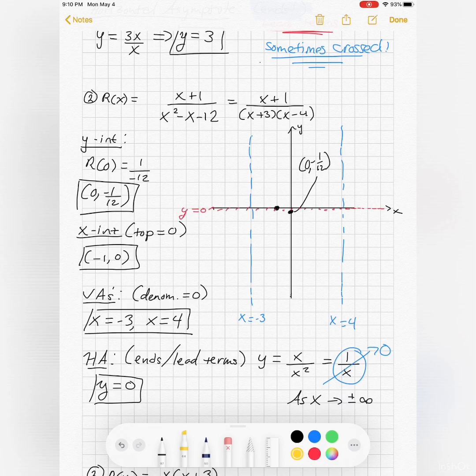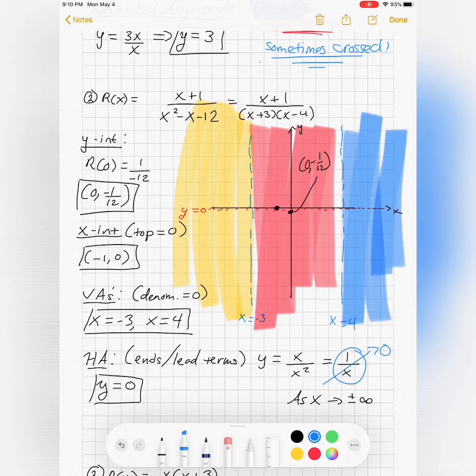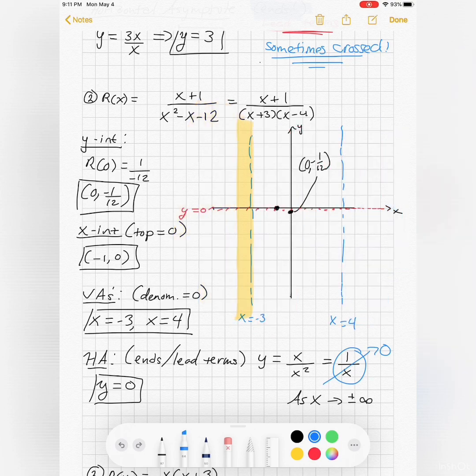Actually the number of regions is determined by the vertical asymptote. So I have to fill in something over there, something here, and something here. Okay, 3 regions, 1, 2, 3. Now it happens that the points that I have, the intercepts, all fall in the middle. But I still have to fill in all the regions.